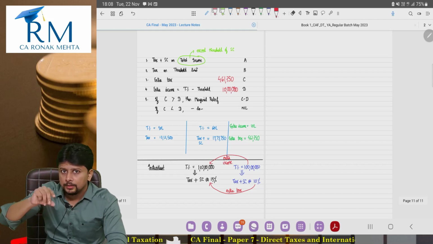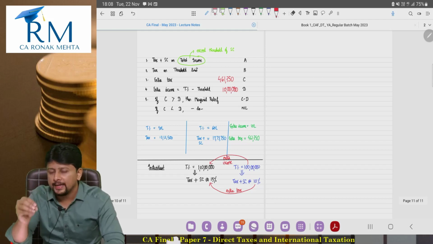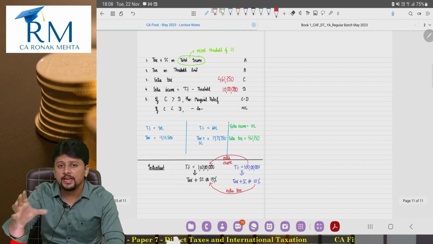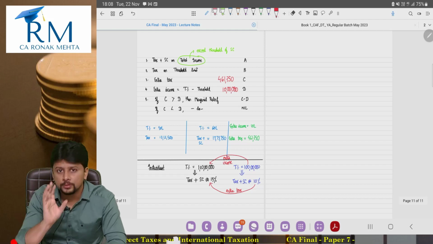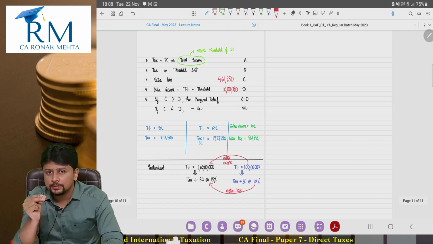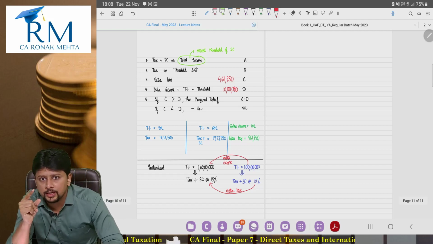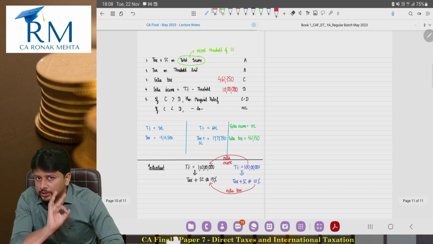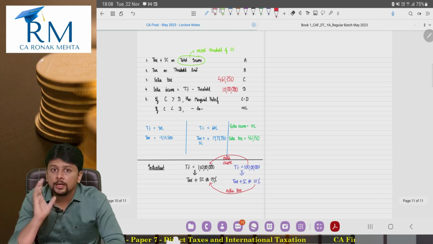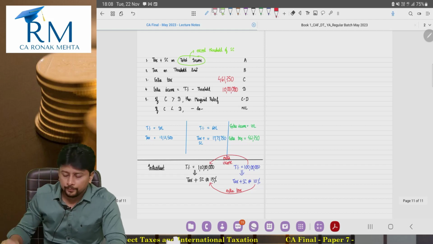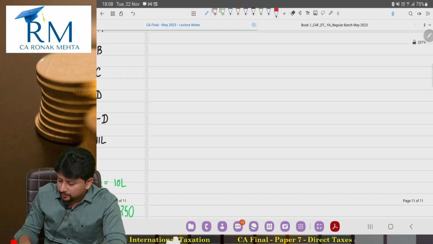But the moment you see 10 crore 1,20,000, 10 crore 75,000, 10 crore 22,000, a slight increase, the thing that should immediately click is that maybe there is marginal relief here. Let me do that working also. So this was our concept of marginal relief.